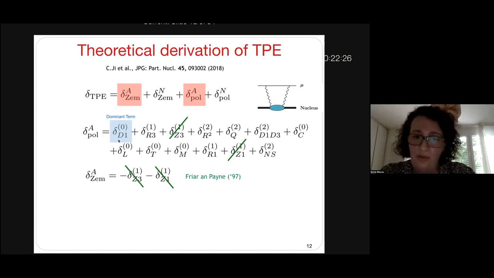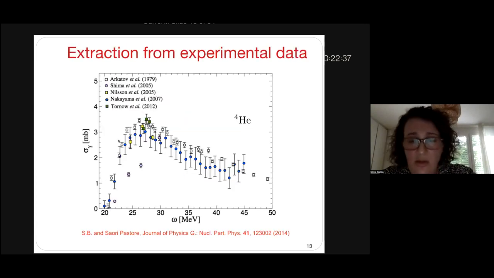And if you realize that, you could try to estimate this two-photon exchange from experimental data that give you information on the dipole strength. Actually, that's the first thing one would think of doing. So I pulled up an old figure that I have probably shown too many times: this is the helium-4 photoabsorption cross-section.